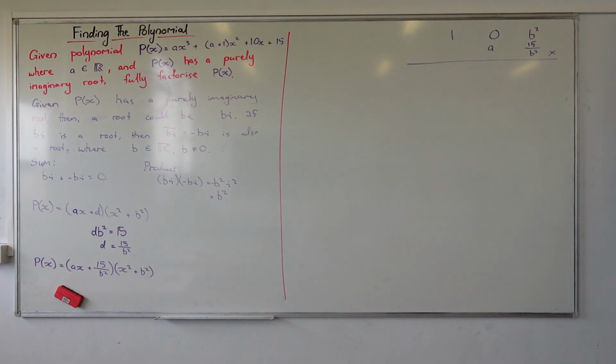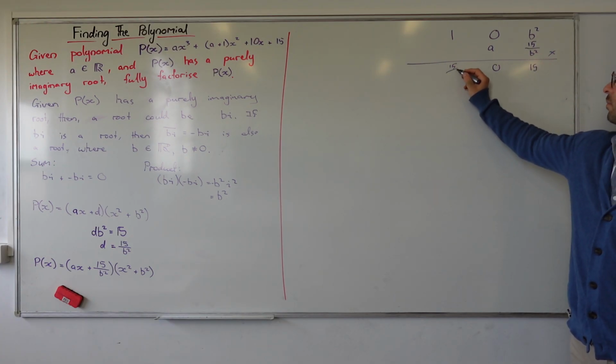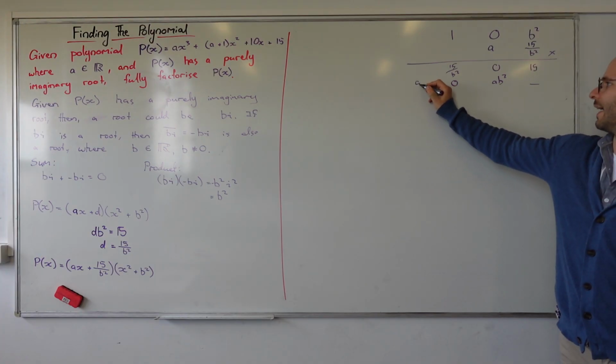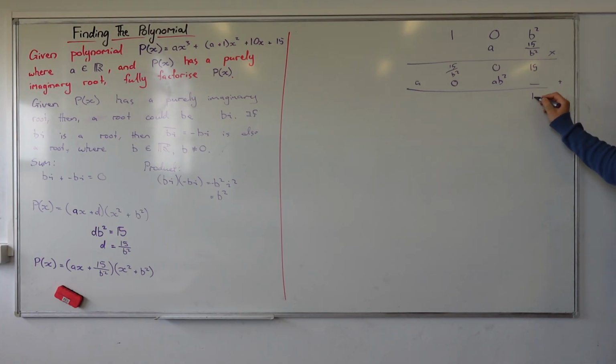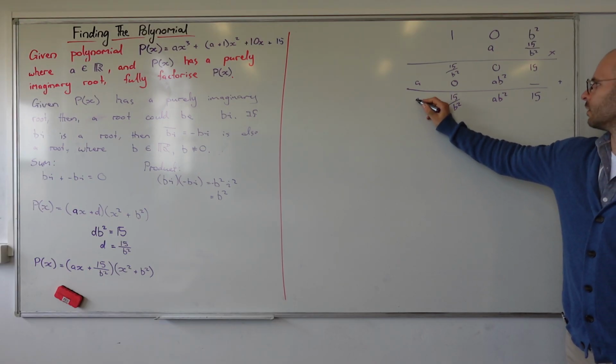Doing this, we're going to get 15, because the b squared's cancelled. We're going to get 0, and we're going to get 15 on b squared. We get a shift, we're going to get a b squared, we're going to get a 0, and we're going to get an a. We add them. Voila.